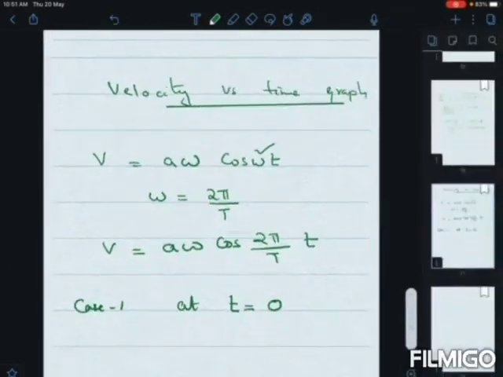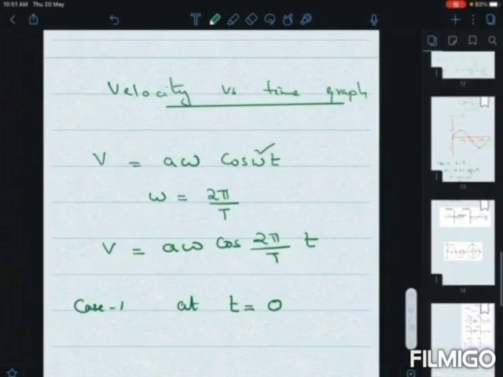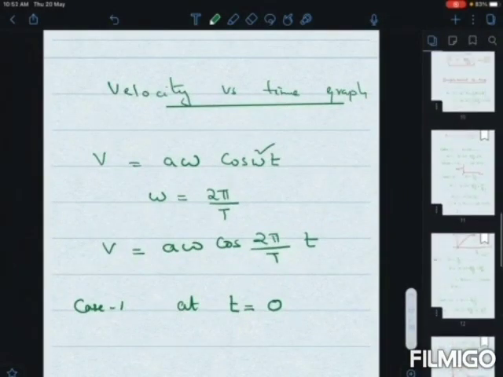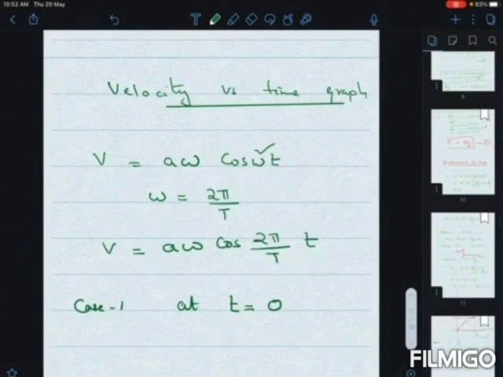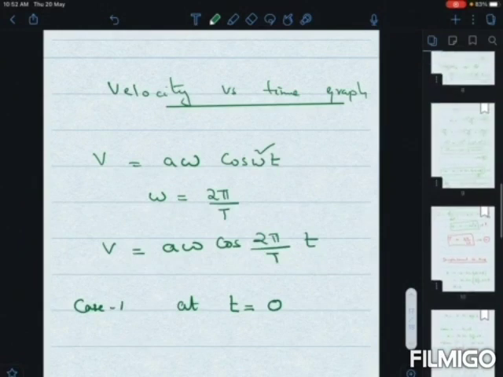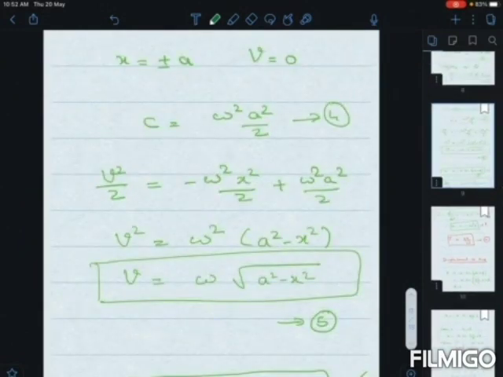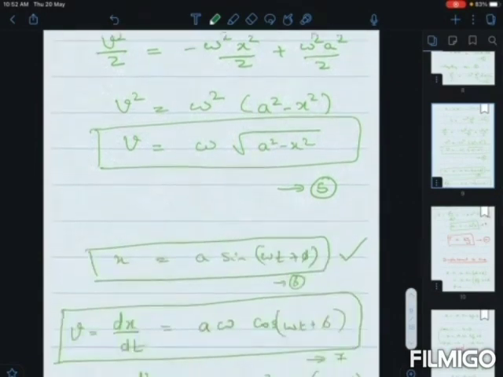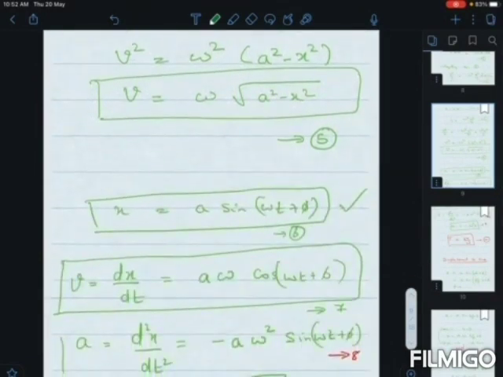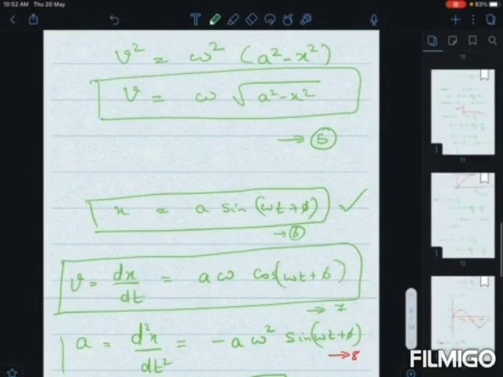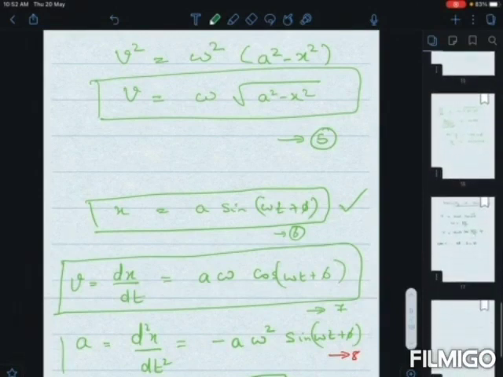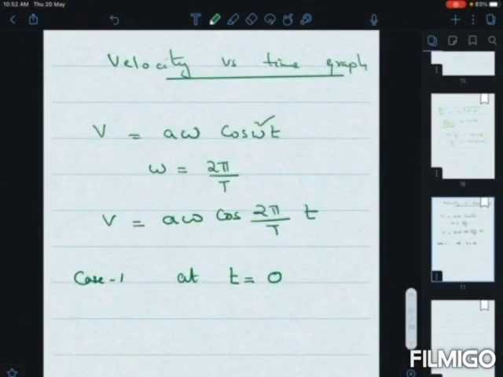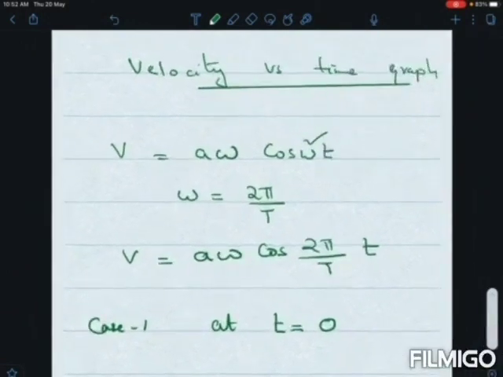I just forgot the equation number. I should have checked it before itself. I'm really sorry for it. So it is equation number 7. So this is my equation number 7.